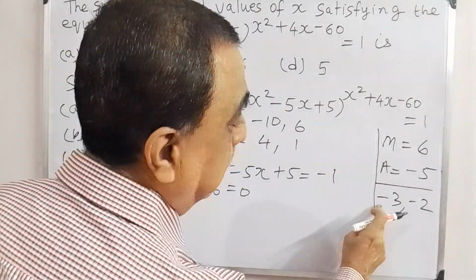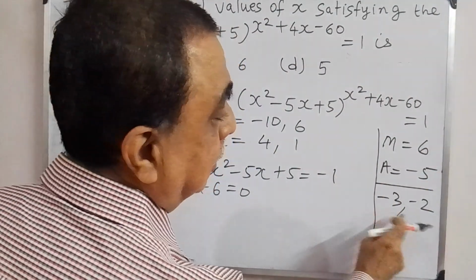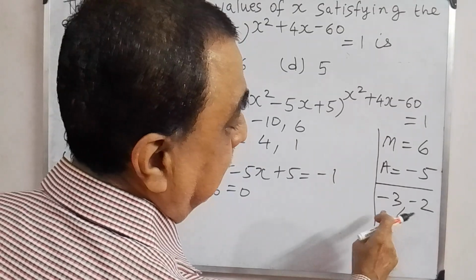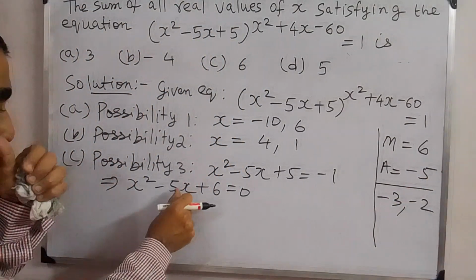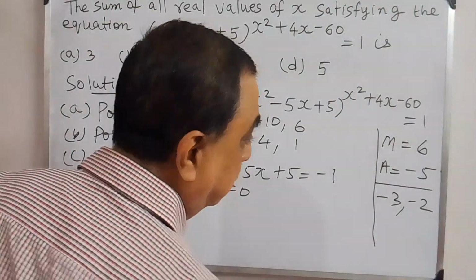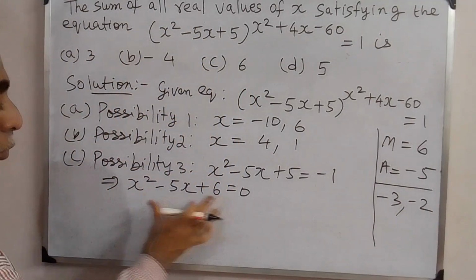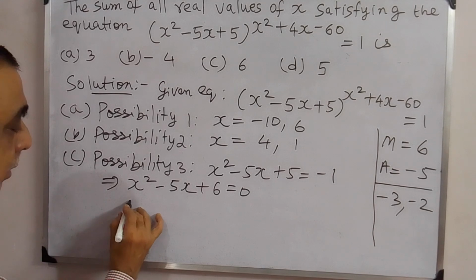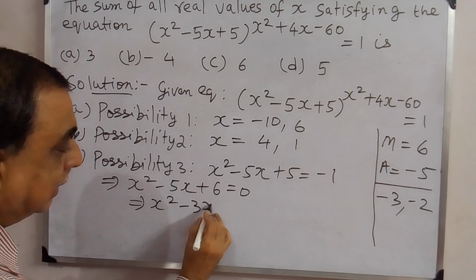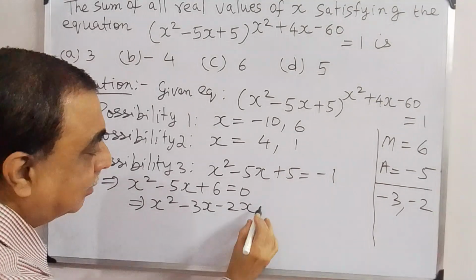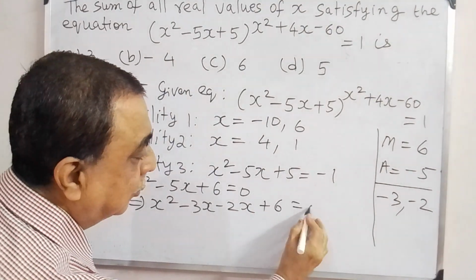Now check: minus into minus is plus, 3 twos are 6, and when we add minus 3 and minus 2 we get minus 5. So minus 5 I will break up into minus 3 and minus 2, and the last two terms we just copy as they are. So this becomes x squared minus 3x minus 2x plus 6 is equal to 0.